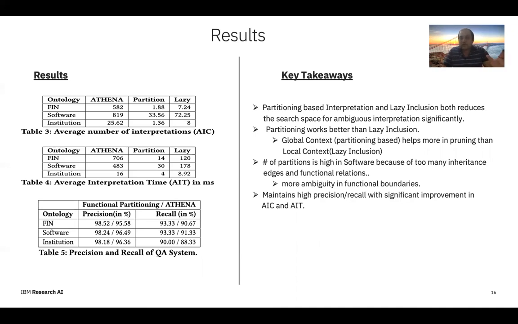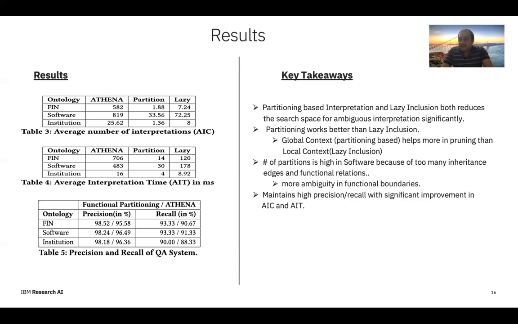It considers the whole question to figure out the right partition, whereas lazy is more towards local context, depending on which other tokens have settled, and it tries to go towards that side. But invariably, both of them work in all three benchmarks, and partition does just better than lazy most of the time.